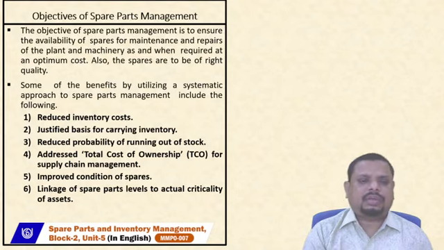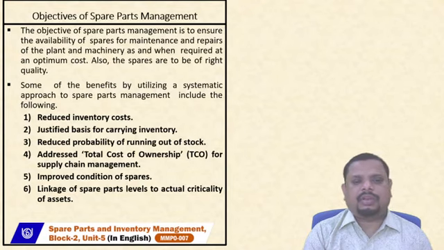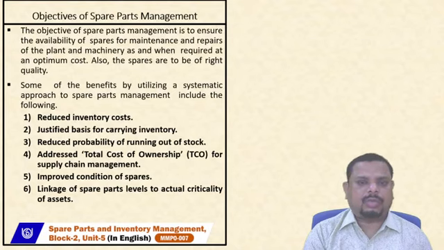So the spare parts should be in the right quantities. Some of the benefits of utilizing a systematic approach to maintaining inventory as well as spare parts management include: first, reduce inventory cost. Point number 2, justify the basics of carrying costs.